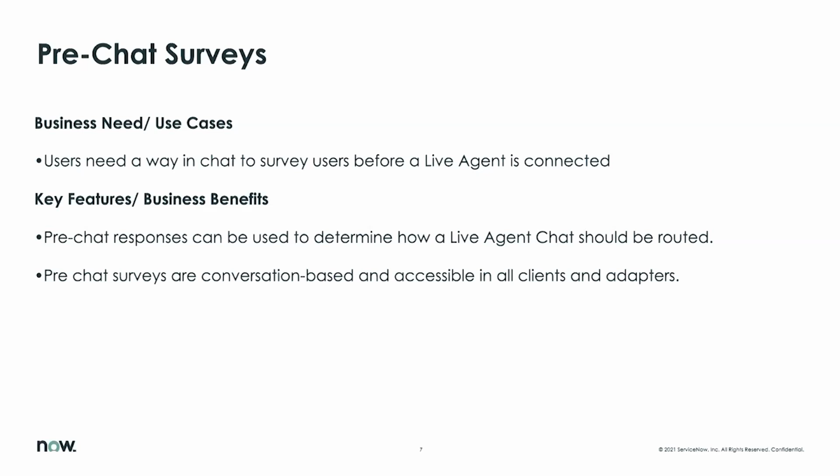Some of the key features are to determine how a live agent chat should be routed, like what question they have asked and what category they have chosen, and based on that a live agent is assigned. Pre-chat surveys are also conversation based and accessible in all clients and adapters. Next slide, please.